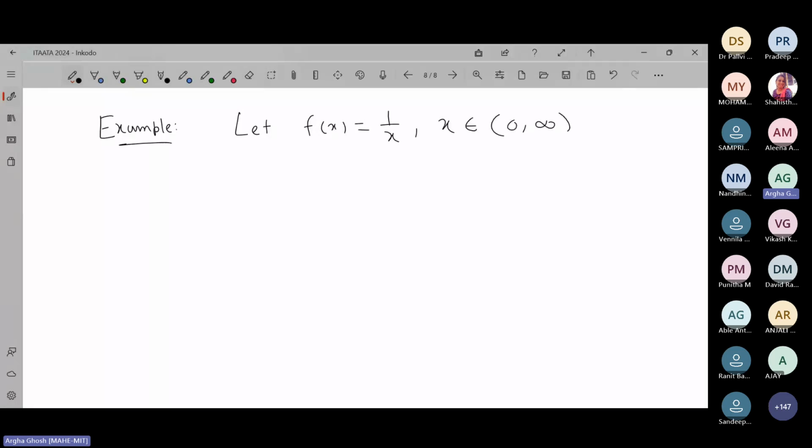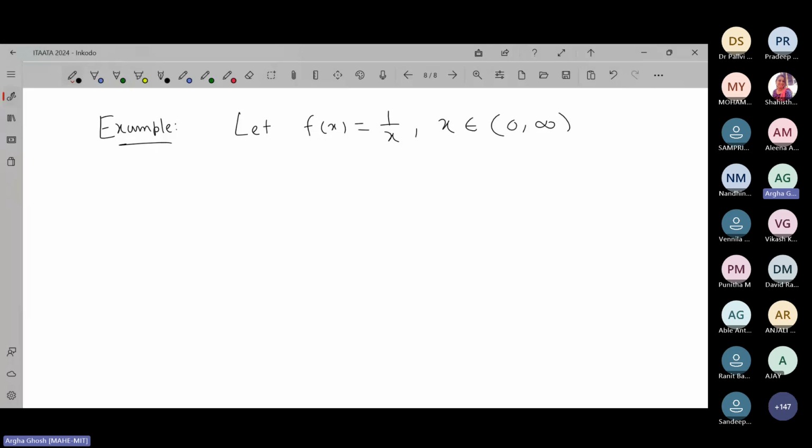Instead of 1 to infinity, we are saying that f(x) is 1 by x. Take the domain from 0 to infinity. So we'll define the function over here. Okay. So you can prove that. I'm not doing it, but using the epsilon-delta definition, you can prove that this function is not uniformly continuous on 0 to infinity, but this function is continuous on 0 to infinity. So this is an example.